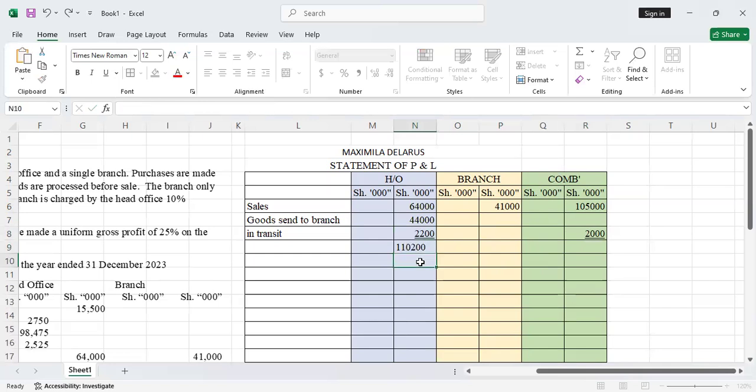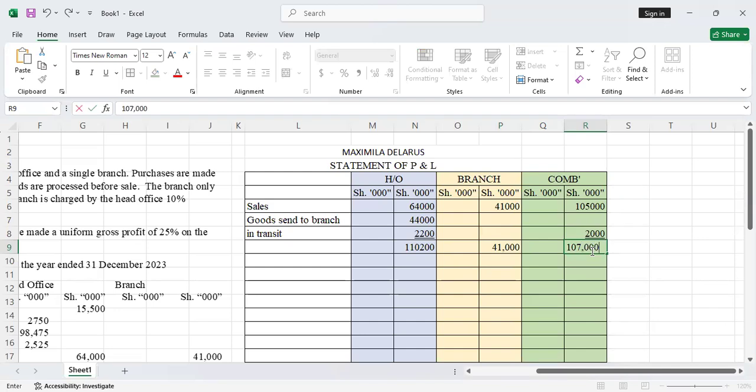11,200. The sales that the head office has made, they have made these to outside customers and these to the branch. The branch has made sales of 41,000. The combined business is 107.